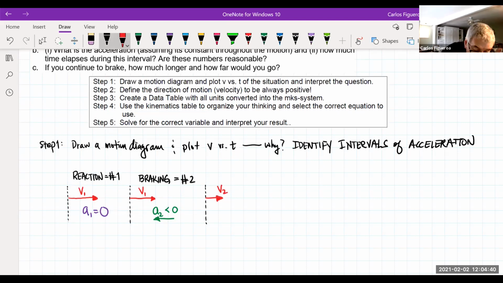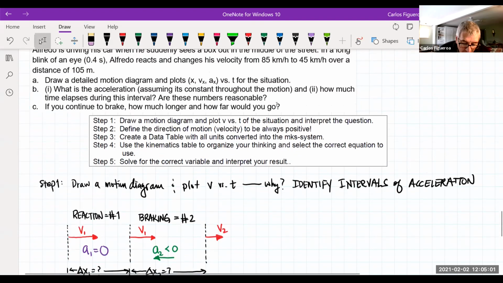Right? So in other words, if I look at this distance here, from here to here, I don't know anything about it because they don't tell us what that distance is. This is my second distance. This is my braking distance.